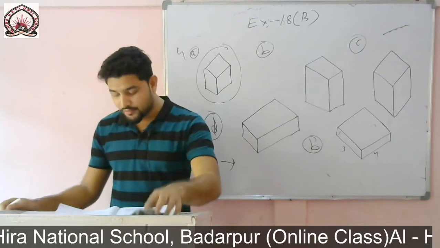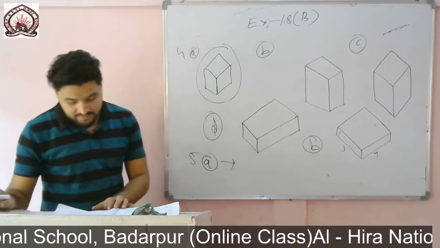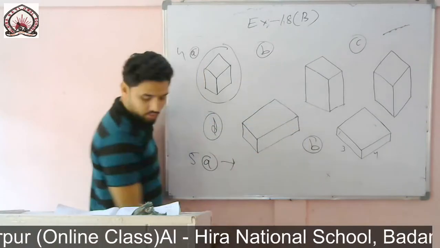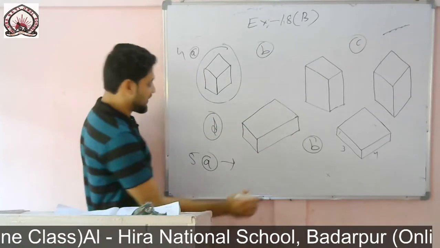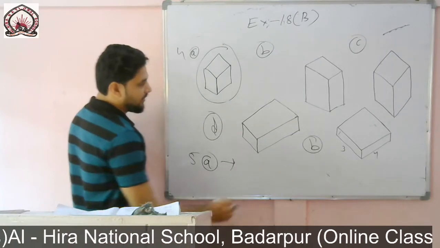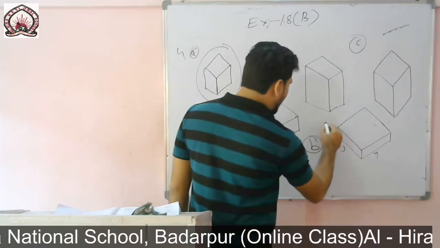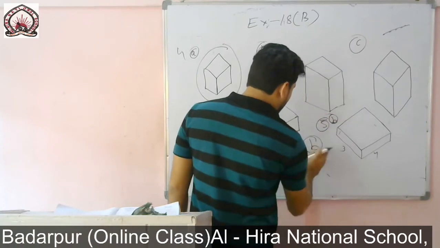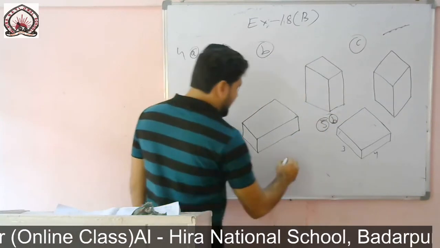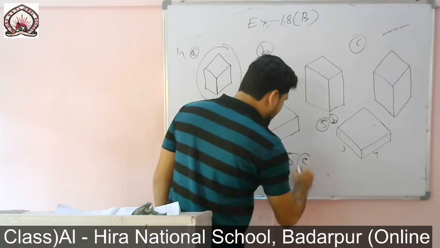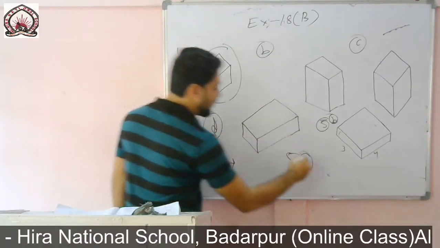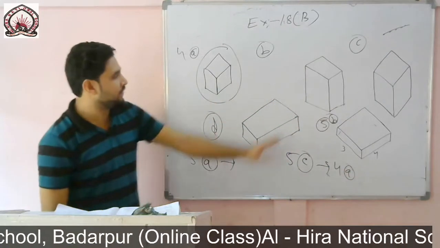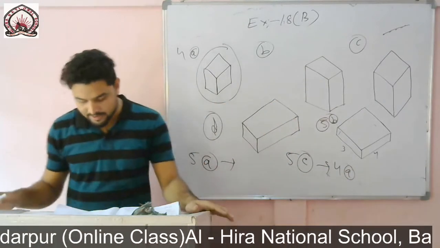So for C you draw question number B. If you draw this B, then it will be this shape for 5B. Now come to 5C. For 5C, you draw question number 4A. 4A, that will be the answer. If you draw question number 4A, then you will get the answer.